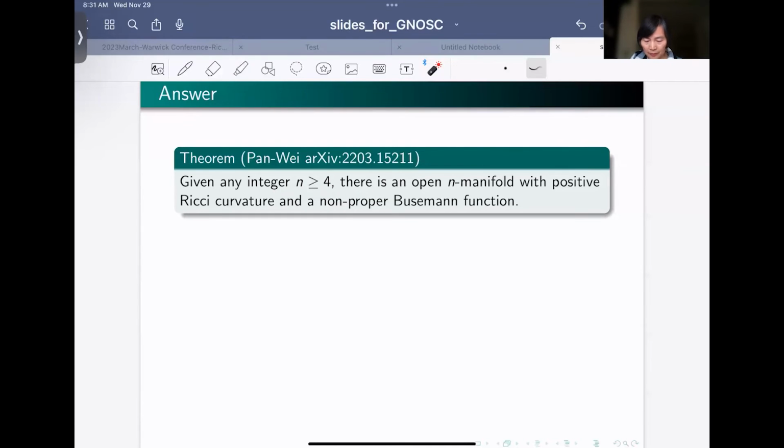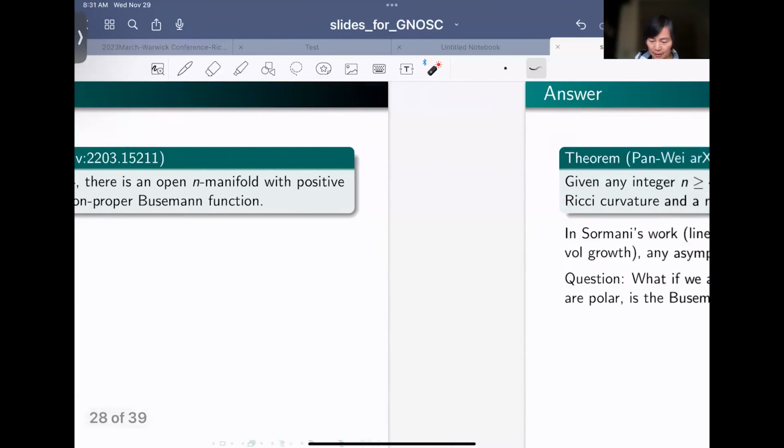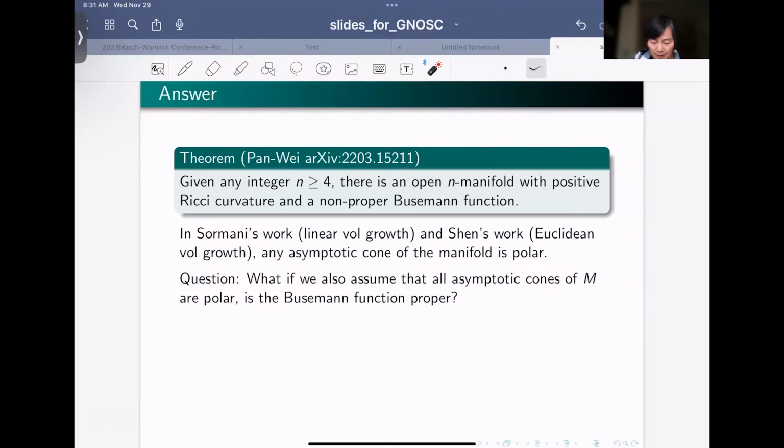Well, okay, so from this you can ask, when will it be true? Then we look at Shen's and Sormani's results, because in their case, it's either linear volume growth or Euclidean volume growth. And if you look at the asymptotic cone, it's all kind of nice. It's even a metric cone.